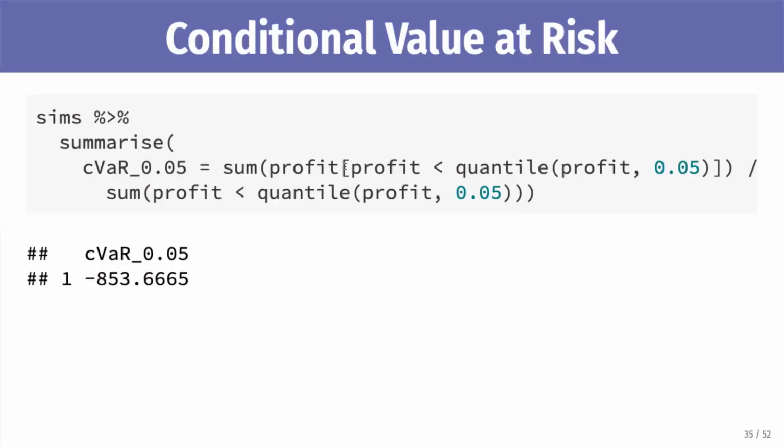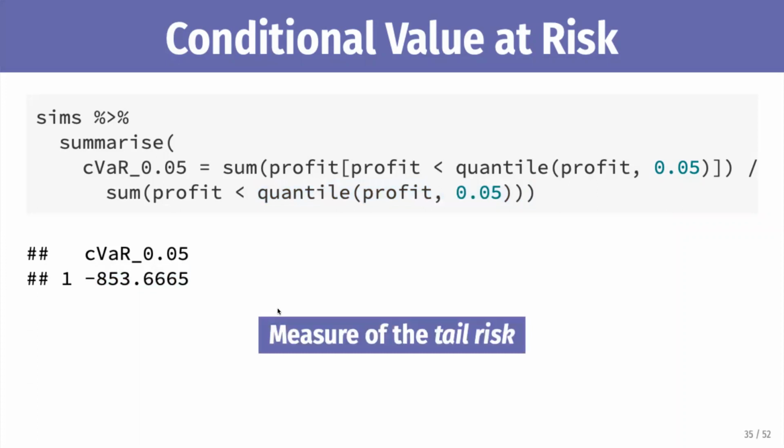And so in R, now we're going to index based on that quantile instead of indexing based on the profit being less than some value. Similarly, the denominator is just the indicator that the profit is less than whatever that quantile is. So the conditional value at risk at 5%, for example, would be this value.